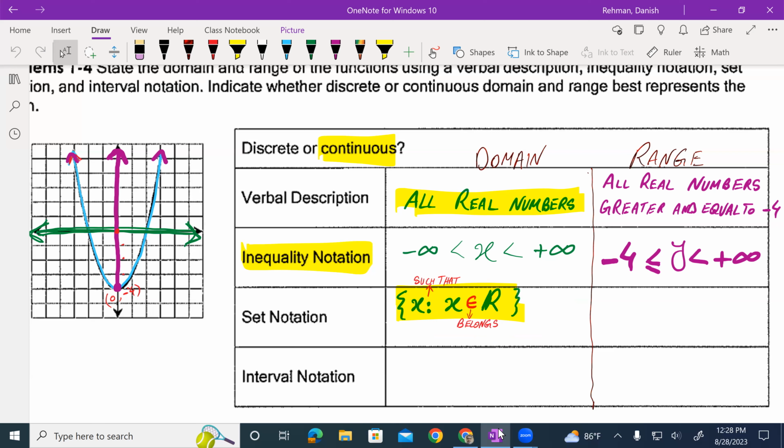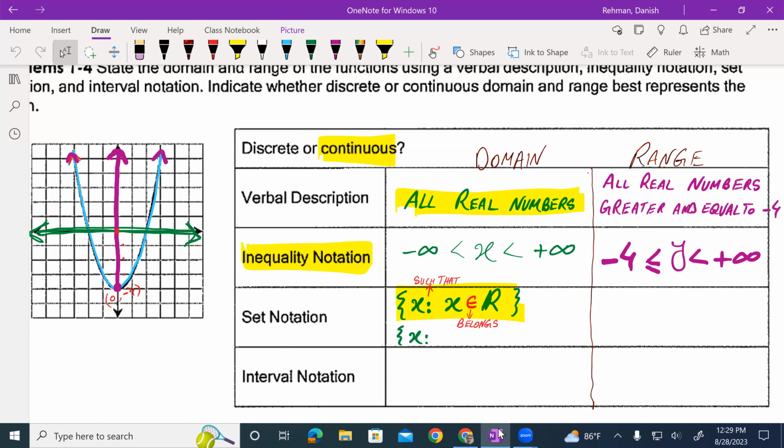I will start with the curly brackets, mention the x again, and the two dots, which is read as such that. Then I will bring in the same thing we mentioned in the inequalities notation. Nothing changed: from negative infinity up till positive infinity. Then we close the curly brackets. That's it. Set builder notation is really easy.